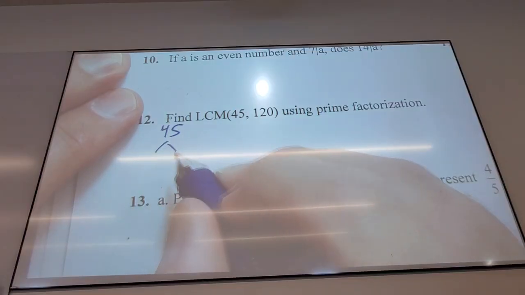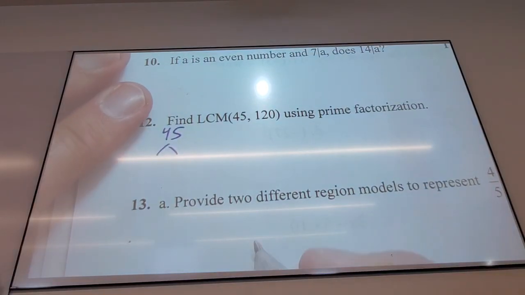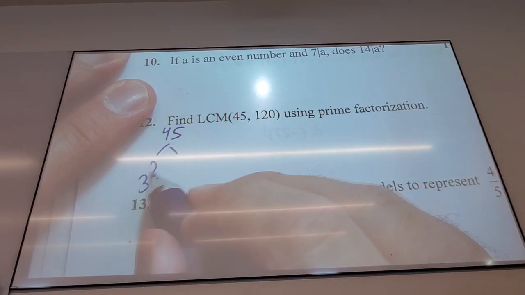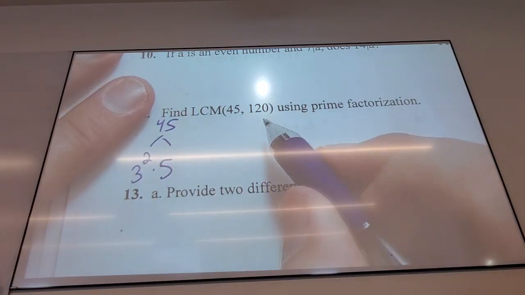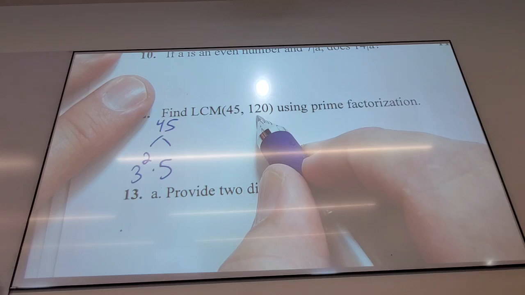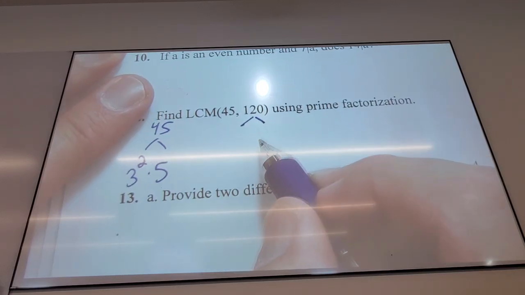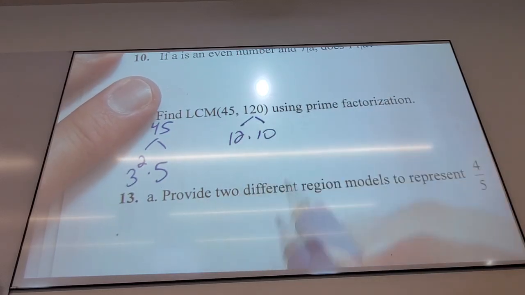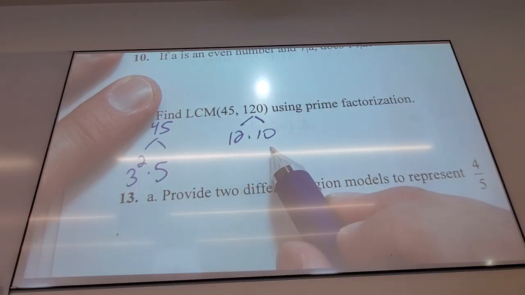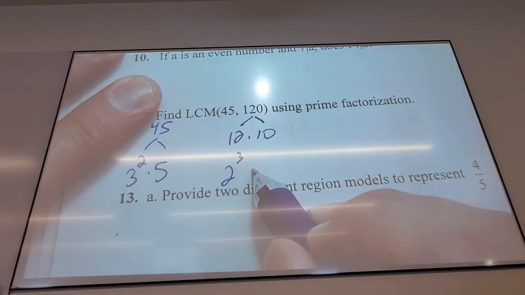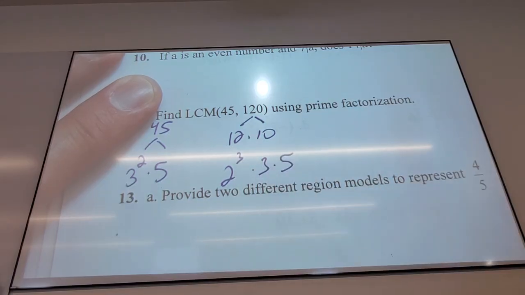Alright, so 45 is 9 times 5, which is 3 times 3 times 5. 120 is 12 times 10, for example, which is 2 times 2 times 2 times 3 times 5.